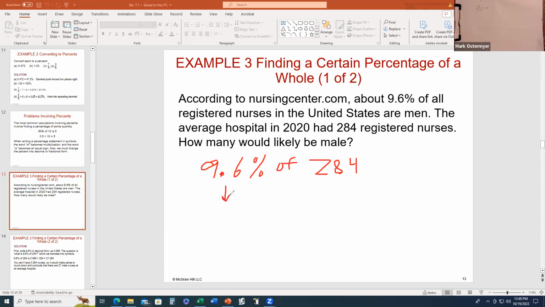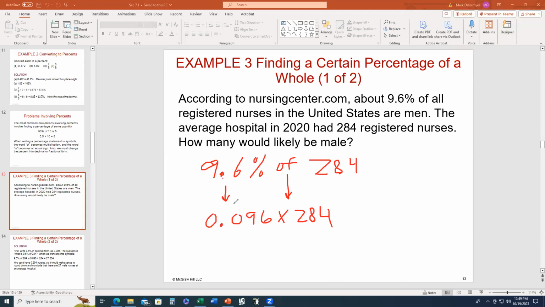First, you change the percent to a decimal, shifting the decimal point 2 places to the left, which gives you 0.096. Drop the percent symbol, and then "of" means multiply. So then you multiply this by 284. Get on your calculator and dial that up, you got your answer. So 0.096 times 284.